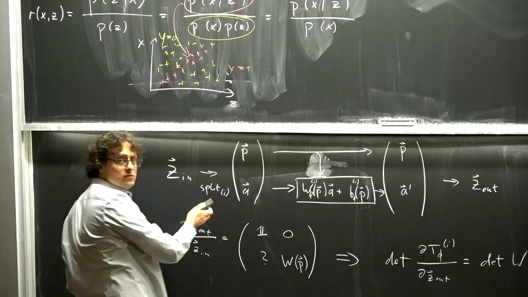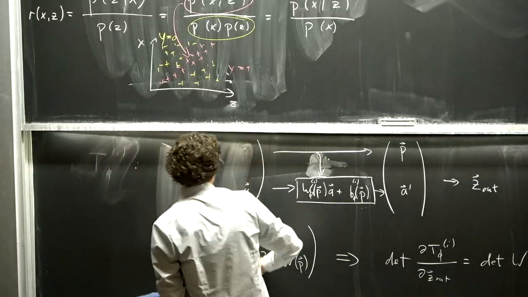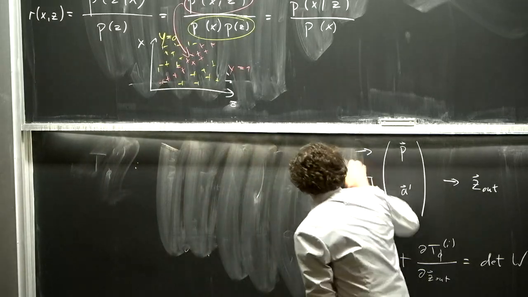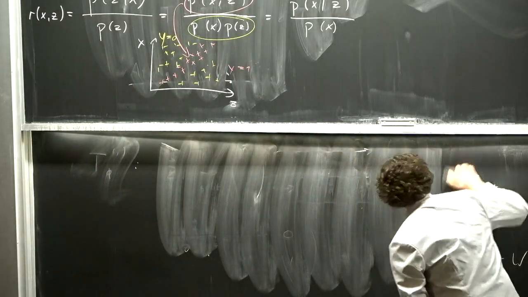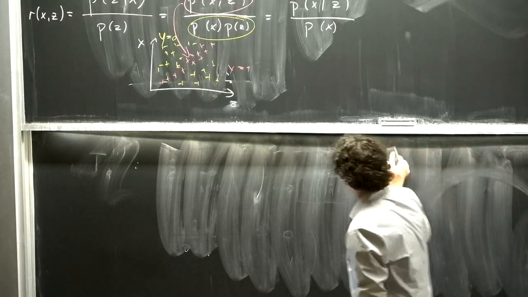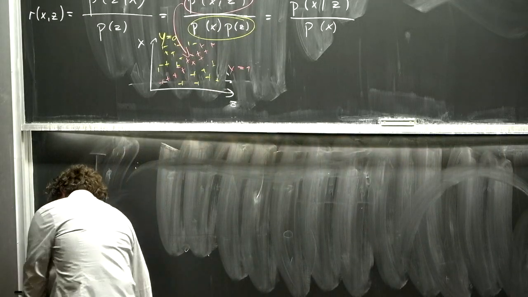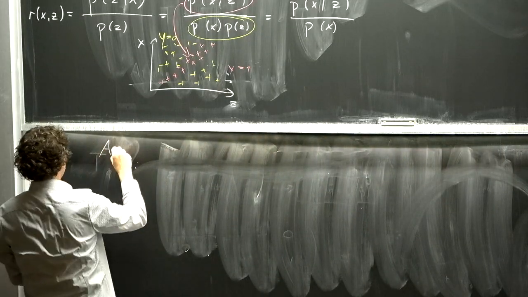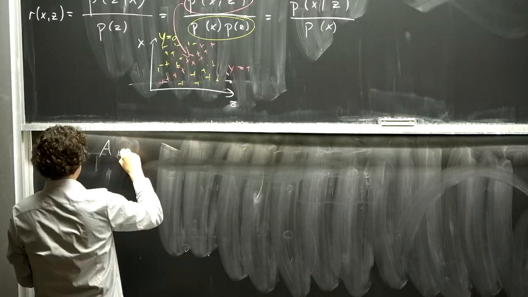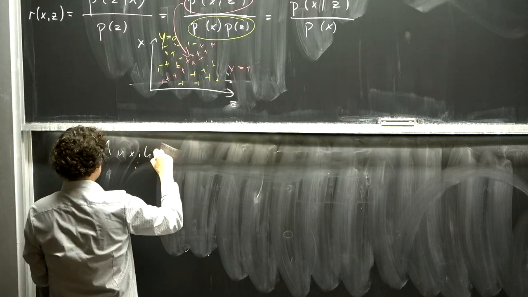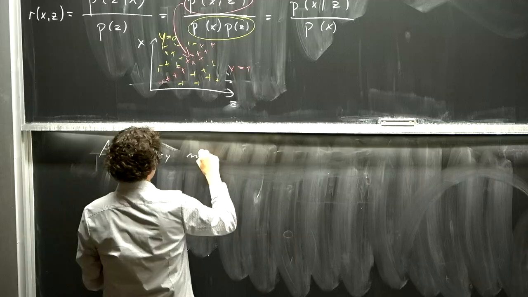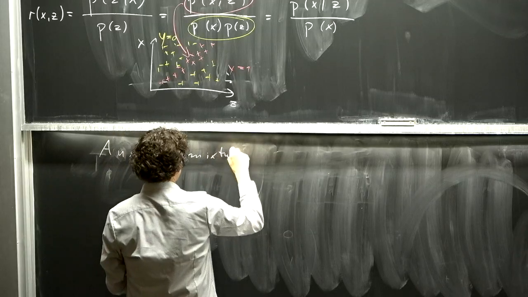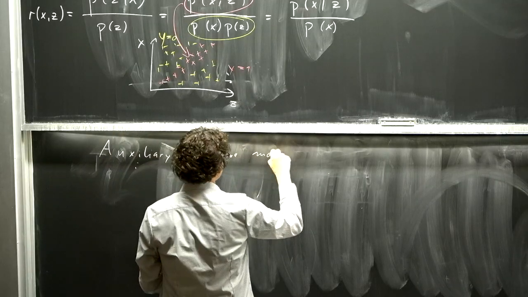In order to do that, we need to define now a little mixture model that we use as an auxiliary model.